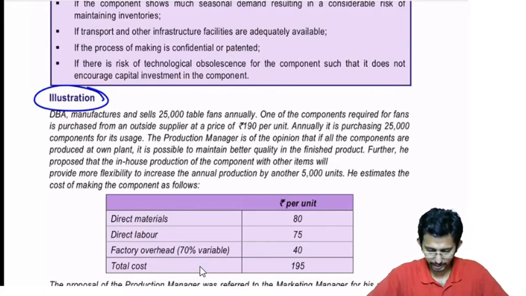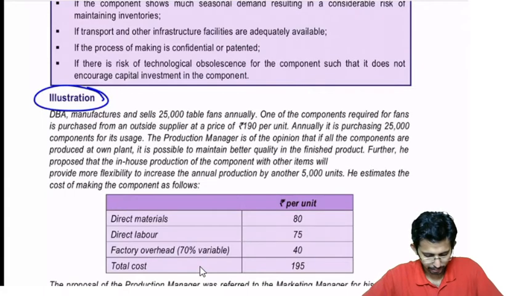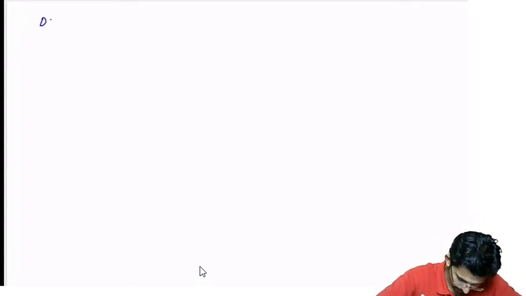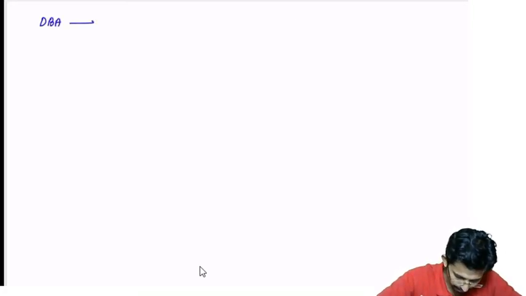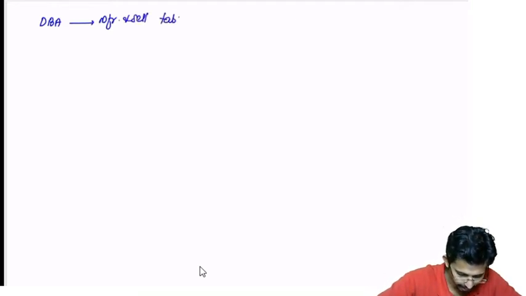Okay, so what's given in the question? DBA manufactures and sells 25,000 table fans annually. So what's the name of the company? The name of the company is DBA. What does this company do? It manufactures and sells table fans.